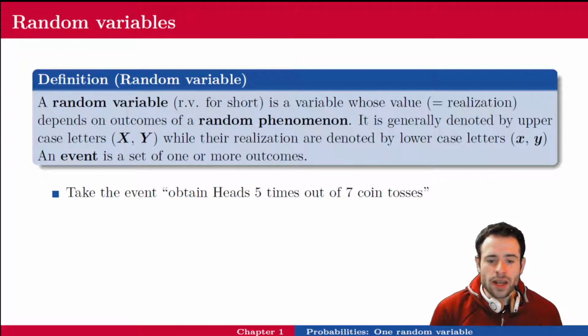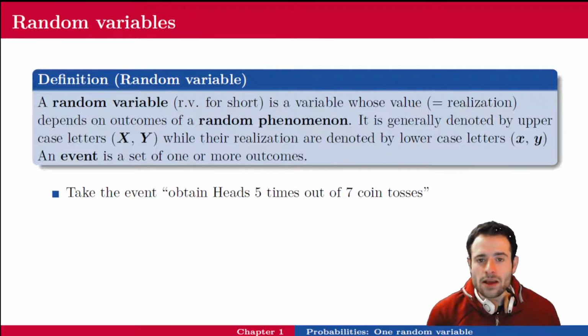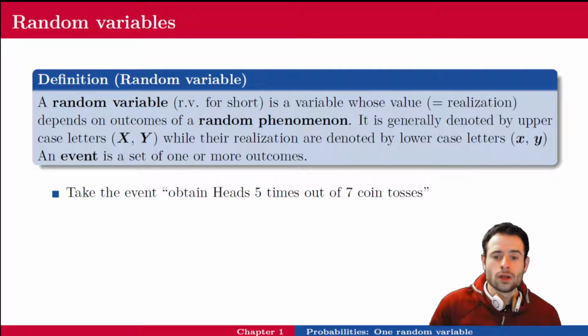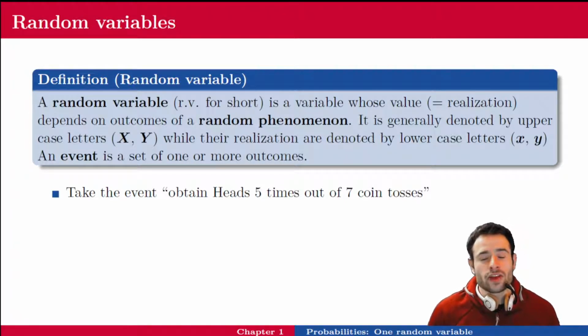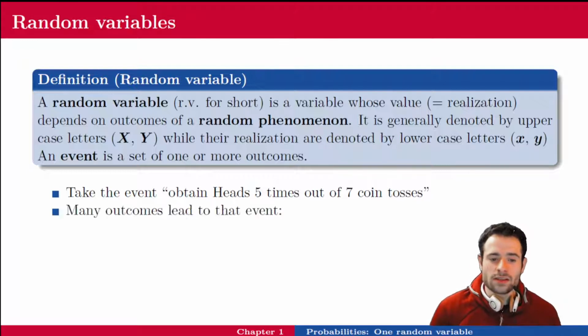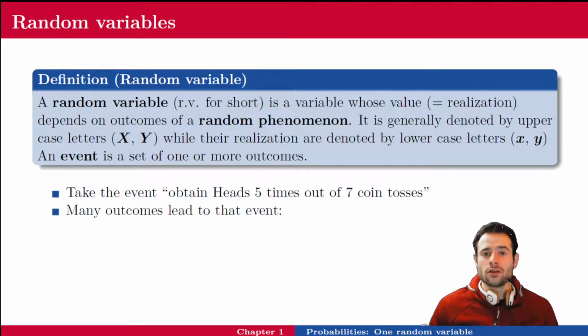Imagine an event like obtain heads 5 times out of 7 coin tosses. You have your coin, you flip a coin 7 times, and one of the possible events is you obtain heads 5 times. Well, this event could come from many different outcomes. You're just counting out of 7 how many times you got heads.